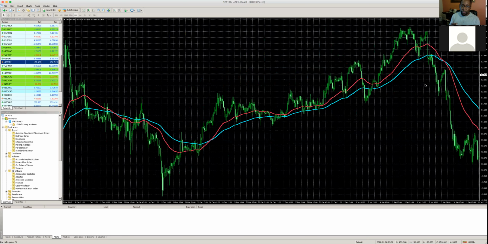If you have a $200 account, you would be doing what is called a 0.01, which is a 10-cent pip, because 200 times 10 cents is $20. It can handle that. All right?